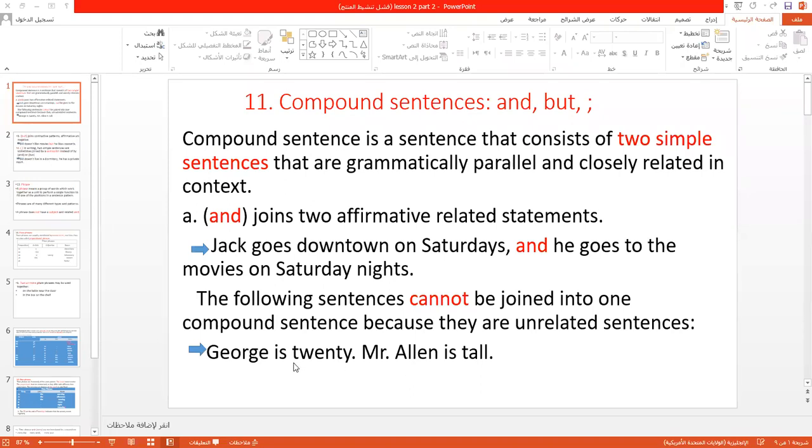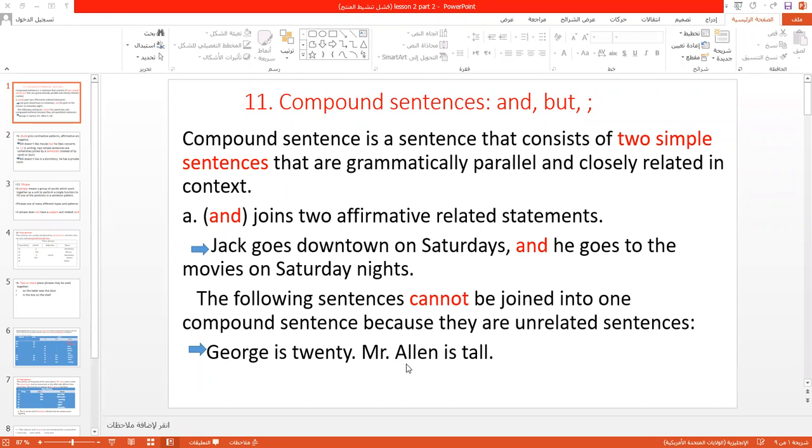Because, although they are grammatically parallel, here it is in the simple present tense and here it is in the present simple tense also, but the first simple sentence talks about what? George, while the second simple sentence talks about what? Mr. Allen. So the two sentences are not closely related in context. So please pay attention to me.